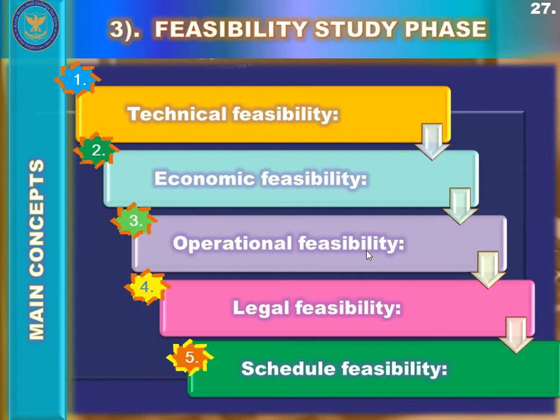So I would just say that the bottom line here is that in technical feasibility, the system analyst would analyze the strengths and weaknesses of not just the software development organization, but he would also analyze the strengths and weaknesses from the technical point of view of the customer side too.